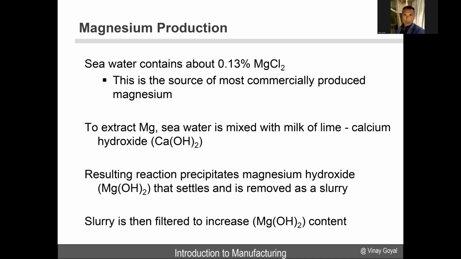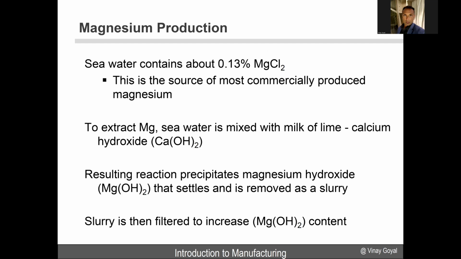Then magnesium. Seawater contains about 0.13% of this, and this is the source of most commercially produced magnesium. To extract magnesium, you take seawater and mix it with milk of lime, calcium hydroxide, and that's going to result in a reaction. It will precipitate magnesium hydroxide.